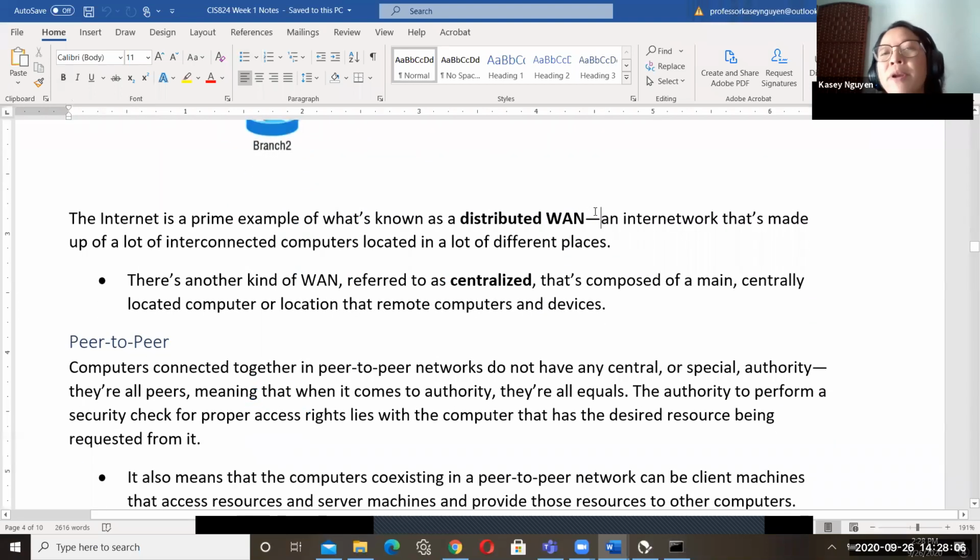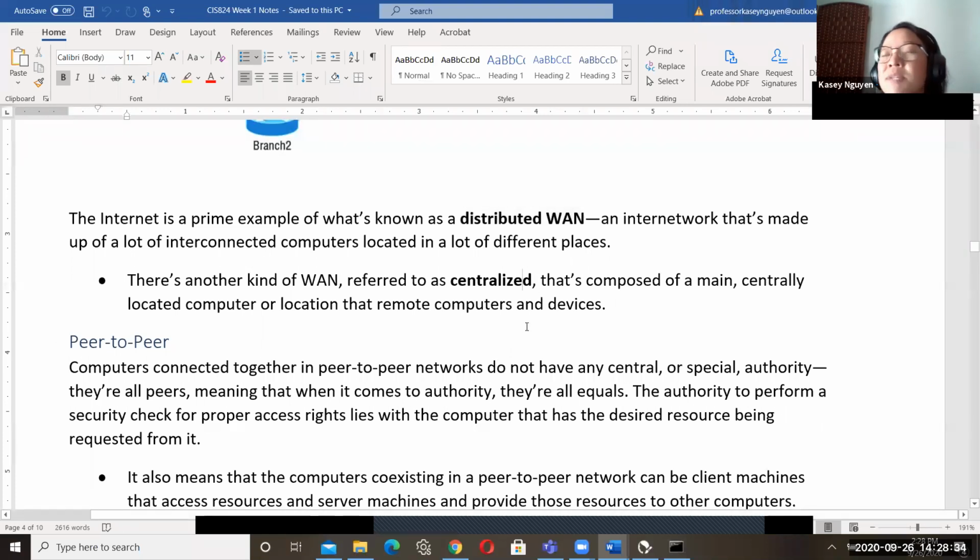Also, I want to mention before I forget that the internet is a distributed WAN. That's different. It's interconnected in different places and consists of different types of systems. So it's spread out, distributed. When we say distributed, it's distributing out to different local area networks.